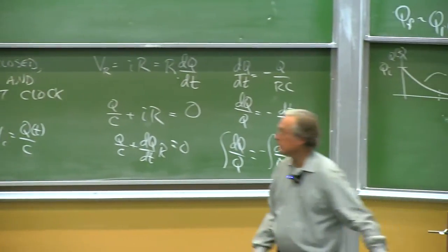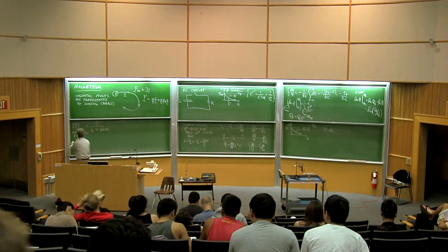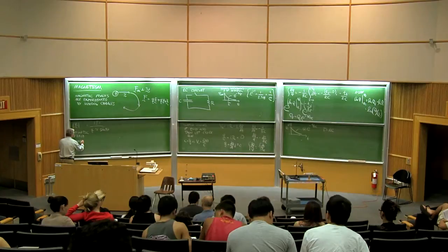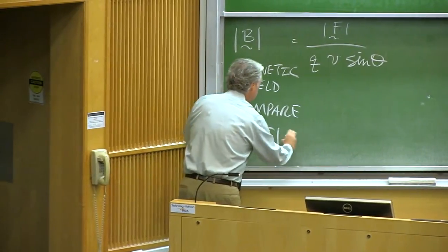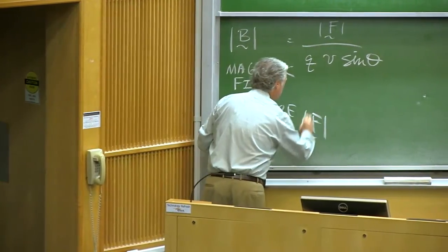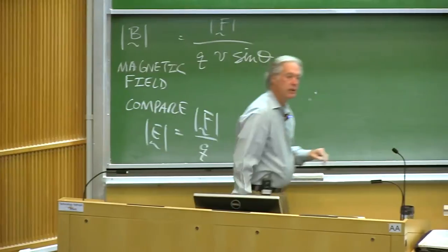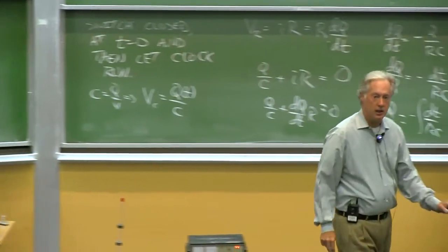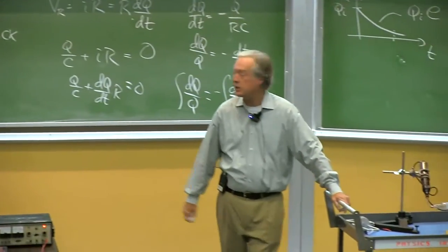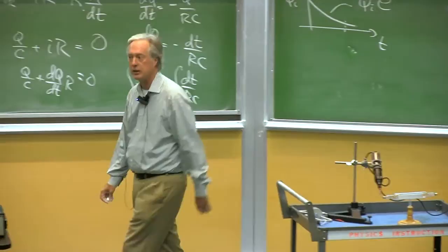Remember, for the electric field, the magnitude of the electric field was defined as the magnitude of the force per unit charge. The definition of the magnetic field is more complicated. It is a force per unit charge, but it's got a V and a directional element in it as well.